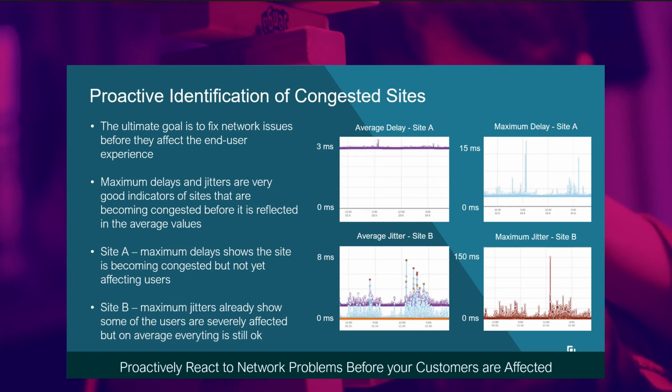The maximum delays can go above 15 milliseconds in the graph occasionally, which is perhaps not yet catastrophic, but it is a warning indicator. And that's the point here. You get warning indicators that you are starting to meet the limits of your links.